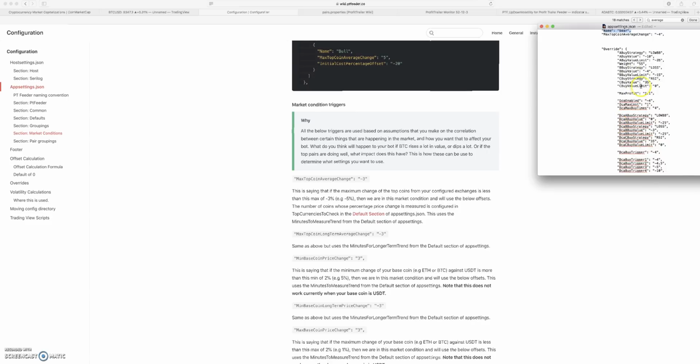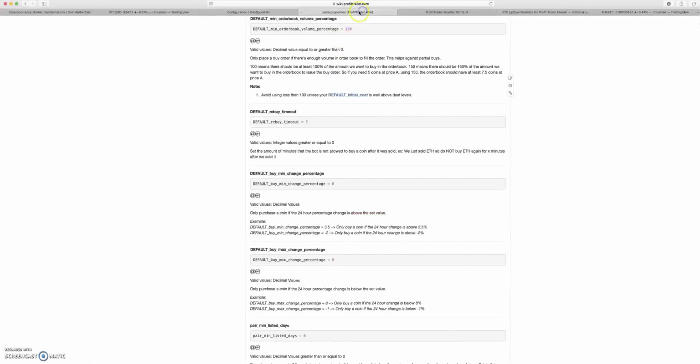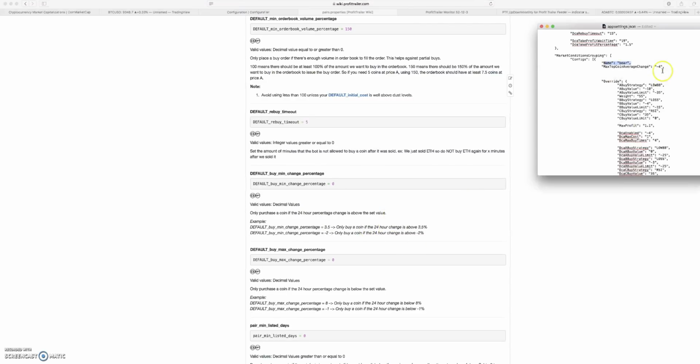That's why Profit Trailer Feeder is really powerful: you can literally give it new buying strategies for certain market conditions. With Profit Trailer, you can kind of tell it, hey, this is a market condition, do this, but your buying strategies remain constant. In PT Feeder, you can tell it similar stuff, like only purchase a coin if the 24-hour percentage change is above the set value.